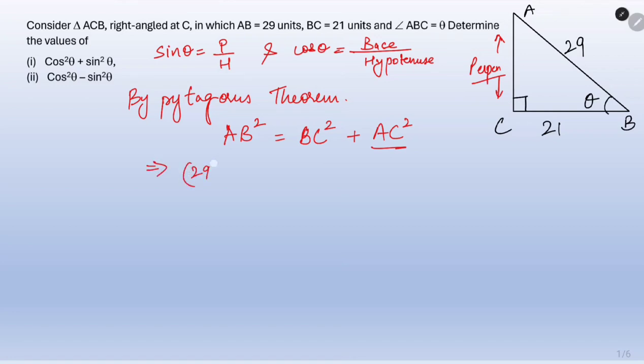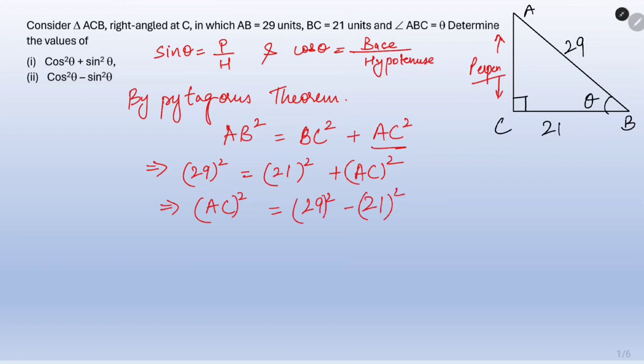AB is 29, so 29 square is equal to BC, 21 square, plus AC square. So AC square will be equal to 29 square minus 21 square. As you have studied earlier, what does the identity A square minus B square give?